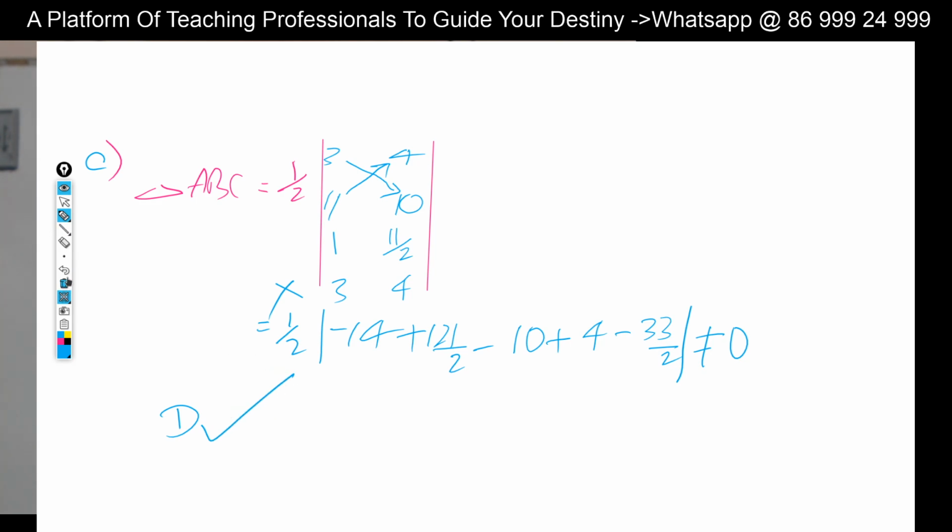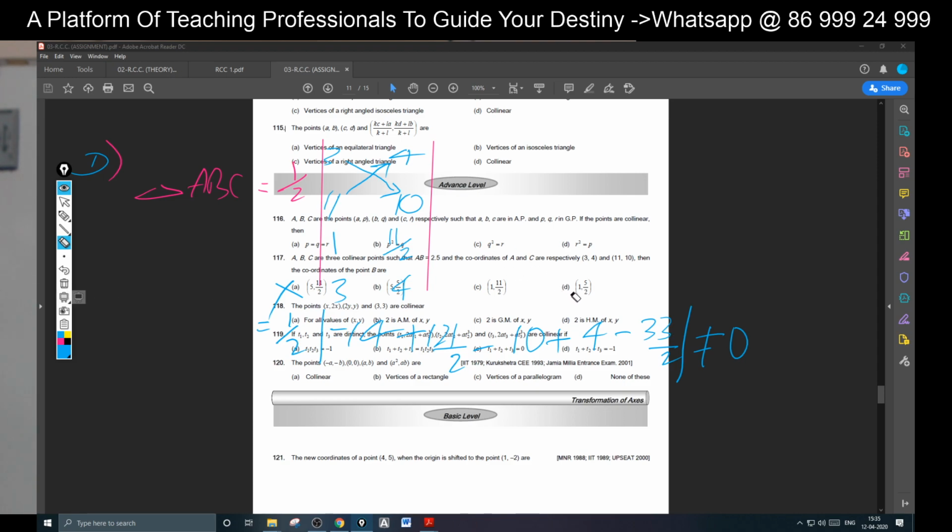Let us check whether D is the answer or not by writing the coordinates there. What is D here? (1, 5 by 2). This one is (5, 5 by 2).